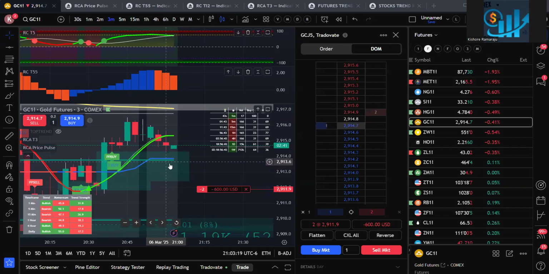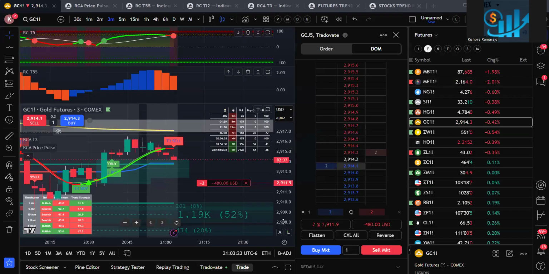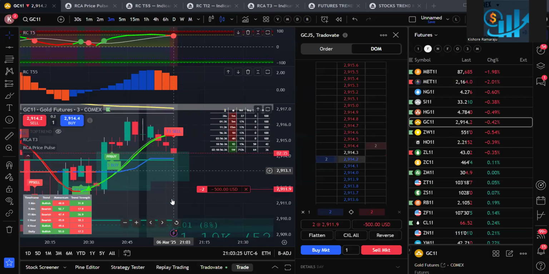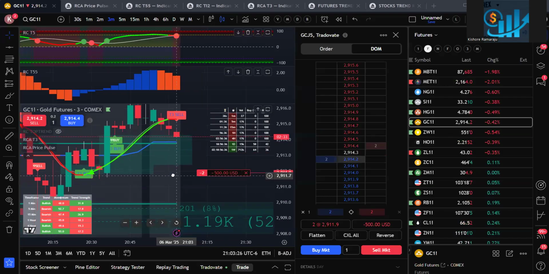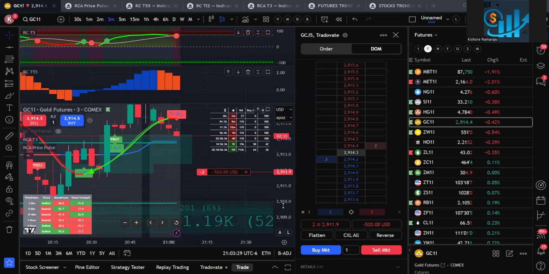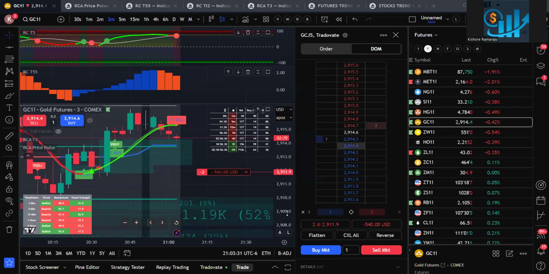Until it is above the price pulse line, it is bullish. But if it breaks it, we can add one more. Mostly it should come all the way down. So if you have a 50K account, don't add one more position. If you have 150K, you can add.